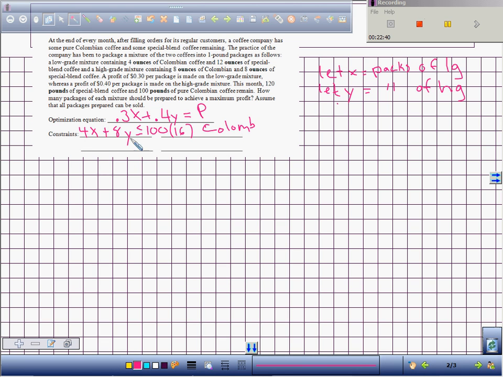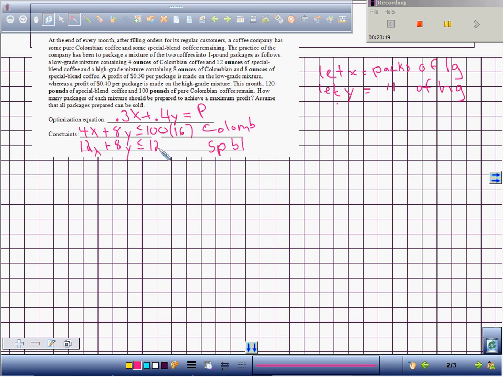Now with the other mixture, what's the other coffee called? Special blend. With the special blend, you have 12 ounces for the first mixture, and then you have 8 for the second mixture, and that's got to be less than or equal to, you have 120 pounds of special blend.